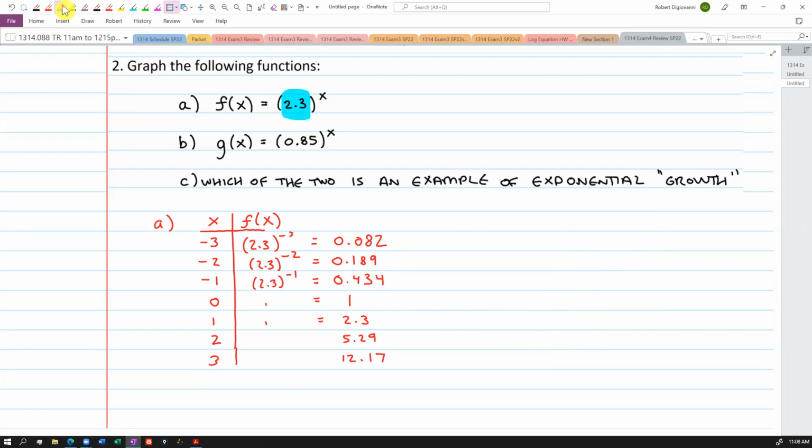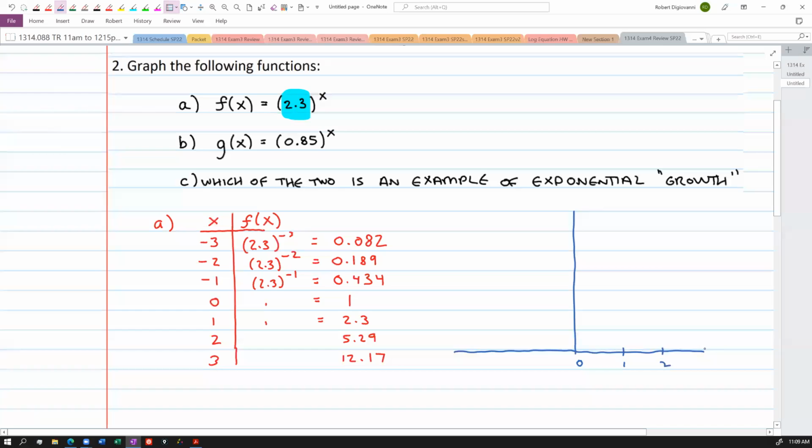So here comes the graph. On the x-axis, I know I'm going to have 0, 1, 2, and 3 to the right, and then just go the other way. Okay. Now, to figure out how tall your graph should be, what we want to do is look at our y values, our outputs.